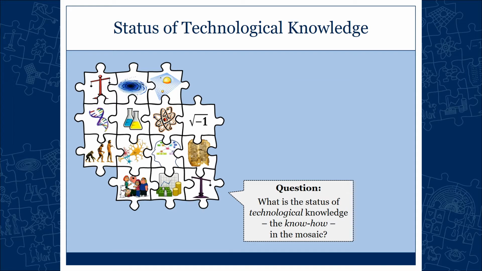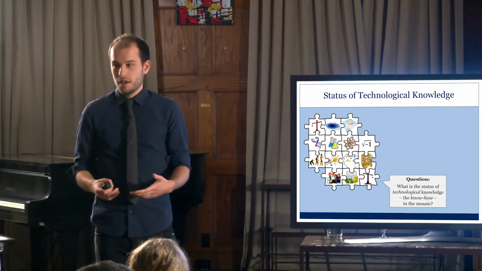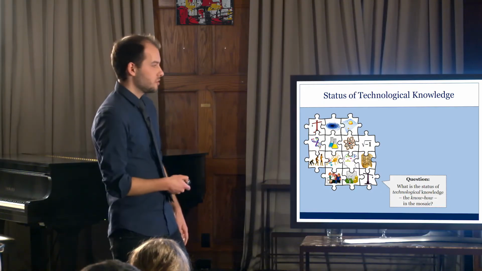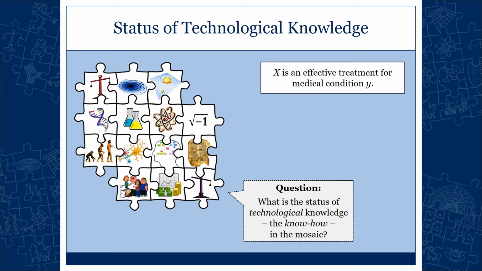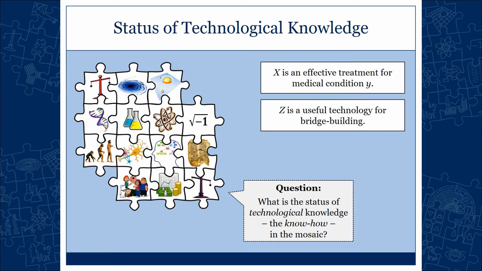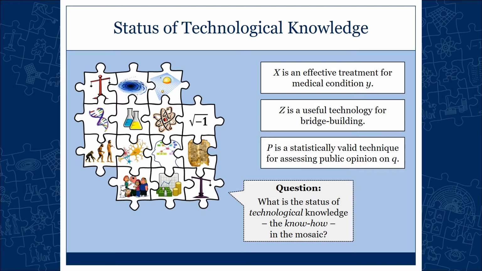Now, our question is, what is the status of technological knowledge, the sort of know-how in a given mosaic? Let me give you a few quick examples. Say we have a proposition like X is an effective treatment for medical condition Y, or Z is a useful technology for bridge building, or P is a statistically valid technique for assessing public opinion on Q.